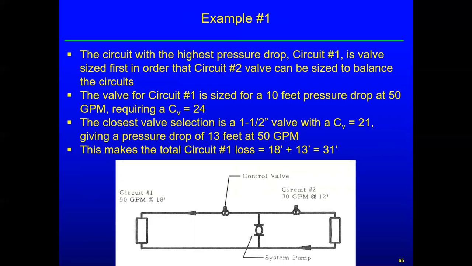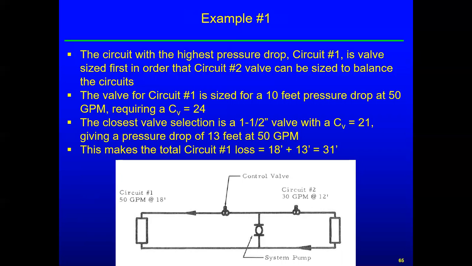And likewise on circuit 2, we need 30 GPM for the coil on the right, and that circuit, excluding the control valve, has 12 feet. There are numerous other components in there; for simplicity, they're not showing them. Okay, so here's how we go about this.